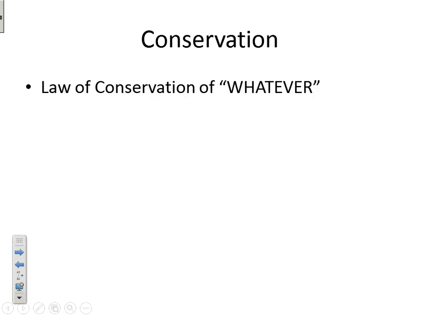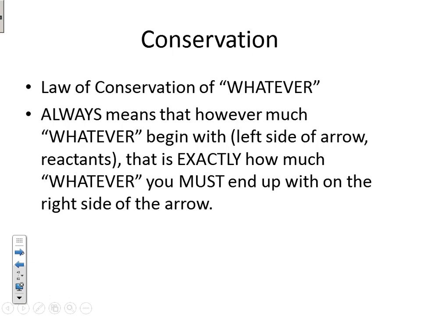Conservation. We've got so many laws of conservation in chemistry that I like to just call it the law of conservation of whatever. And the law of conservation of whatever always follows the exact same pattern. So be it mass, matter, charge, energy, they're always going to have the same sort of phrase. And they will always mean that whatever you start with, whether it's mass, matter, charge, or energy, that's the exact amount of stuff that you have to end with.